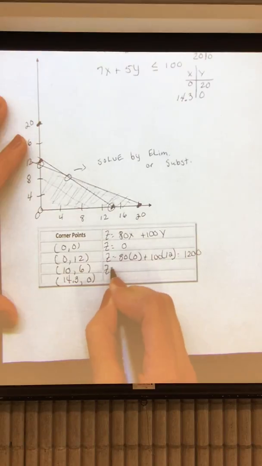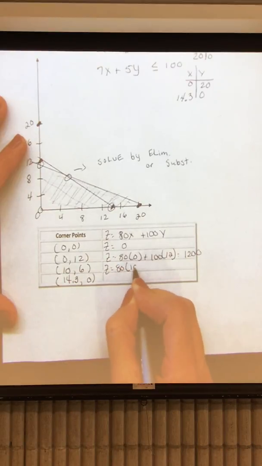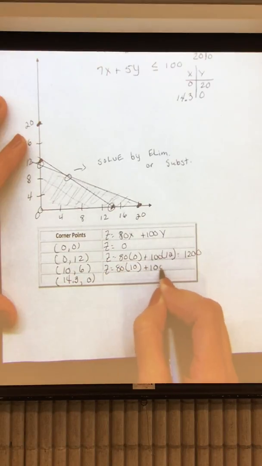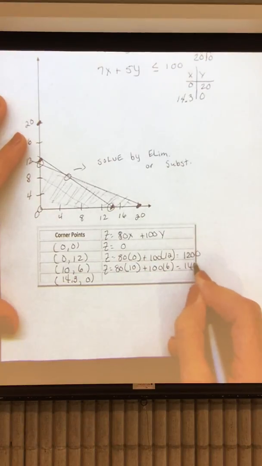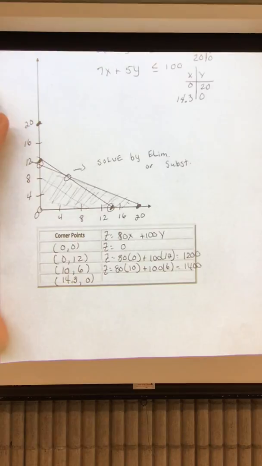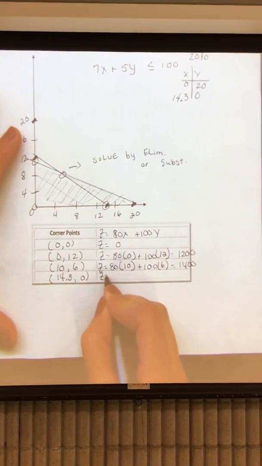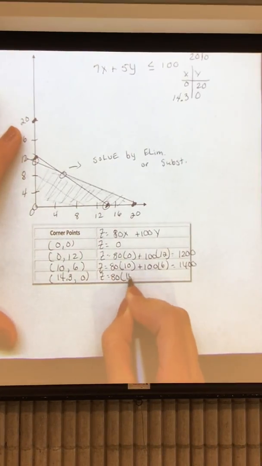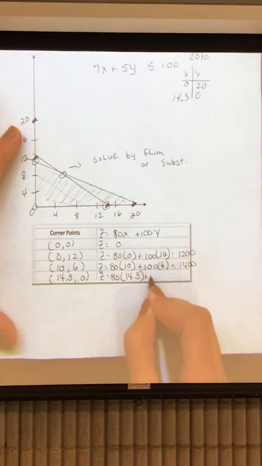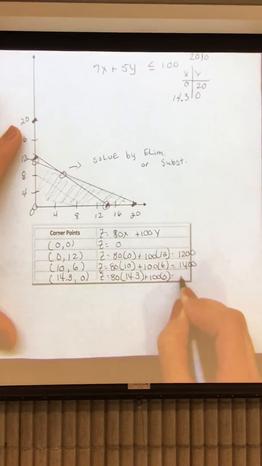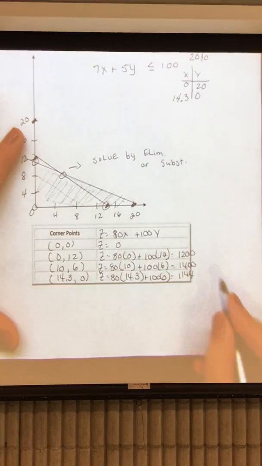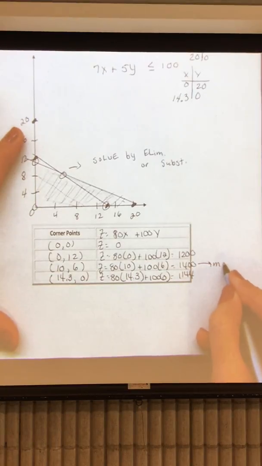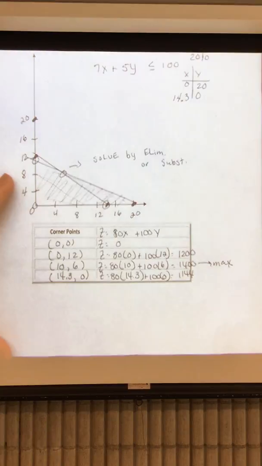Substituting 80 times 10 plus 100 times 6, that is equal to 1400. Substituting our last corner, 80 times 14.3 plus 100 times 0, we have 1144. And our maximum number is 1400.